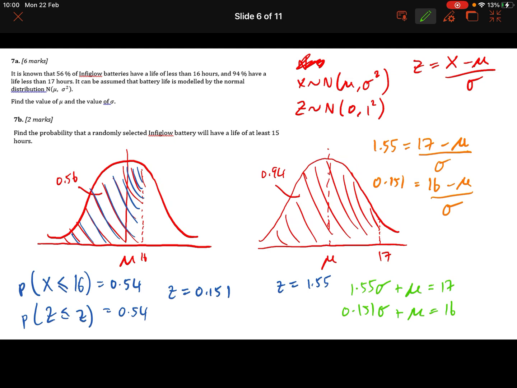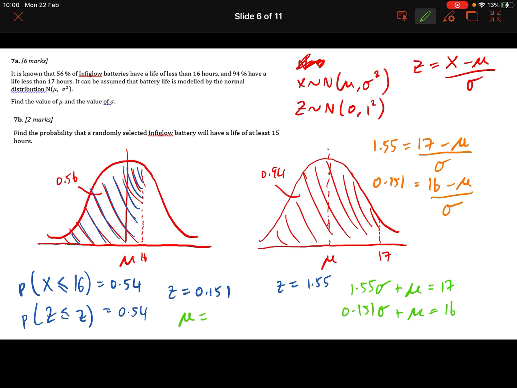Two unknowns, I've got to get it in the right form: for the first, A is 1.55, B is 1, C is 17, and for the second, A is 0.151, B is 1, and C is 16. I'm just putting that into my graphic display calculator and letting it work out the answers.